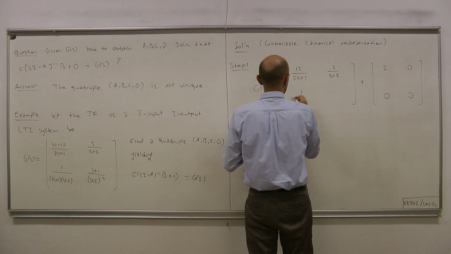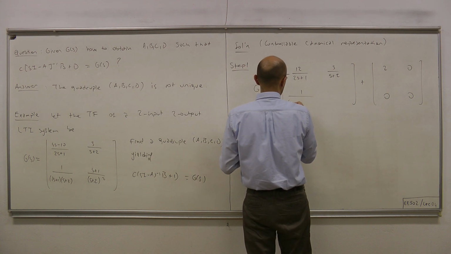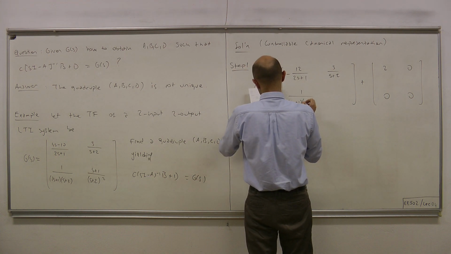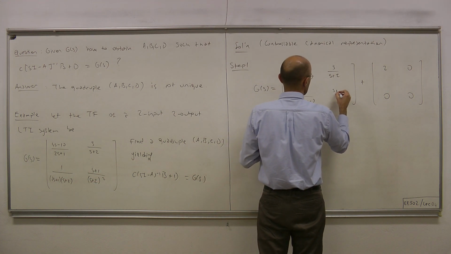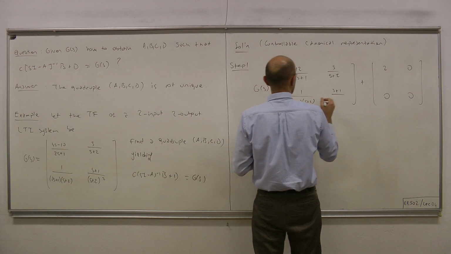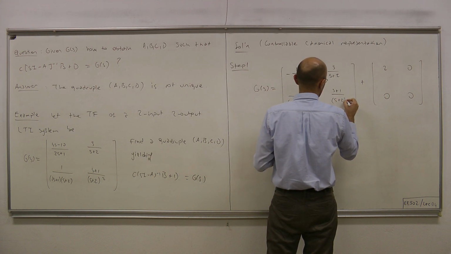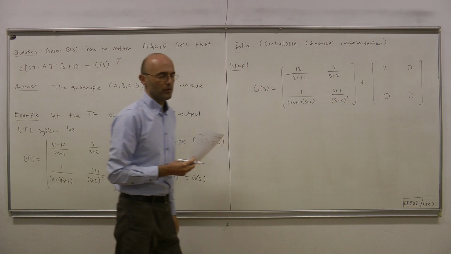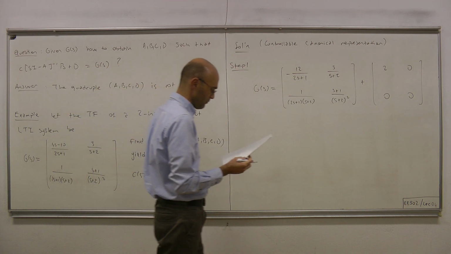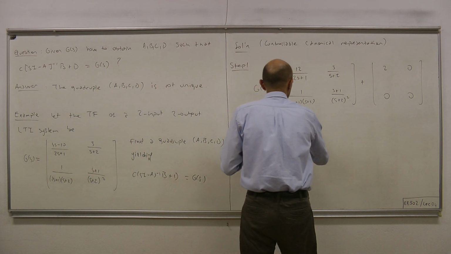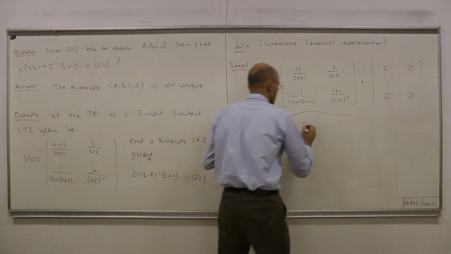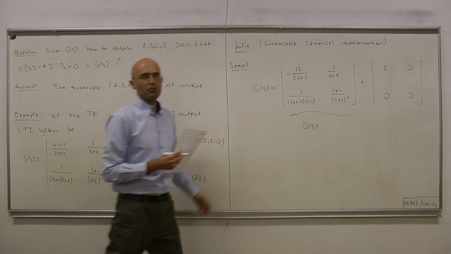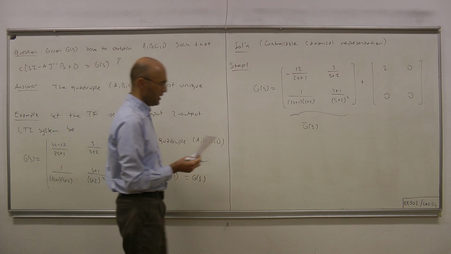S plus 2, 1, 2s plus 1, s plus 2, and this is s plus 1 over s plus 2 squared. Okay. Now, this, let's call it G bar of s, which is now a strictly proper matrix.